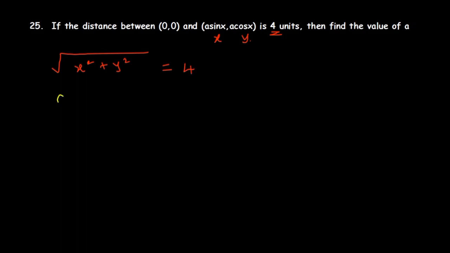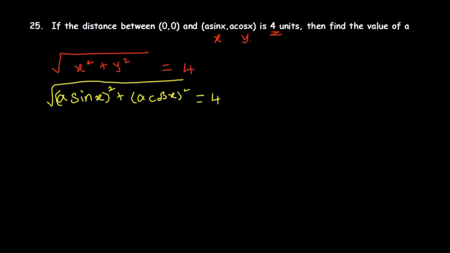Now you can substitute here a sin x whole square, and what is y? a cos x whole square is equal to 4, and take squaring on both sides.